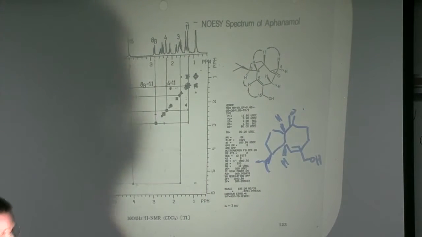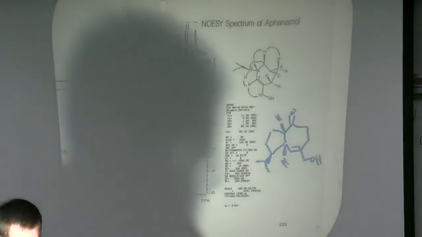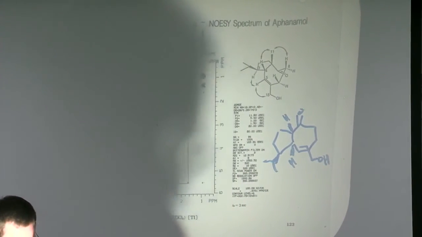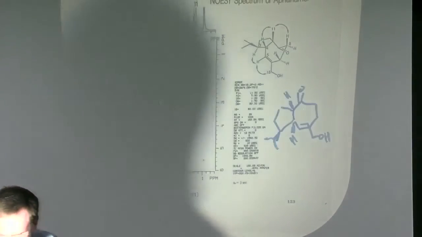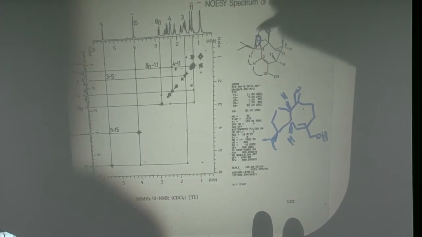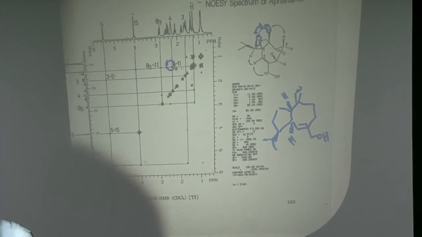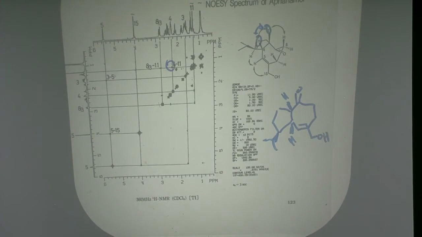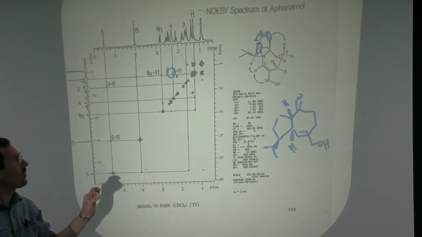So now let's take a look at what NOEs we see and how they help show the stereochemistry. For example, we see a nice NOE between the hydrogen at 4 and the hydrogen at 11. They're cis to each other, they give rise to a strong NOE. Now you get many more corroboratory NOEs.